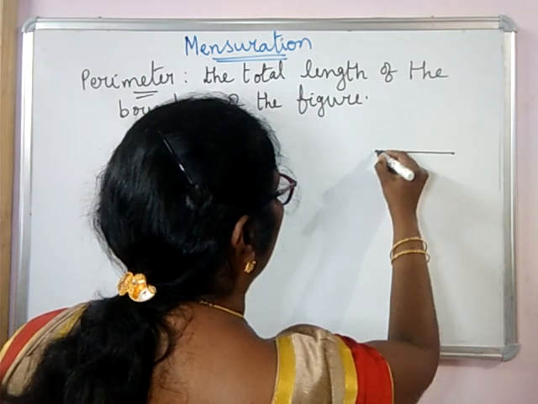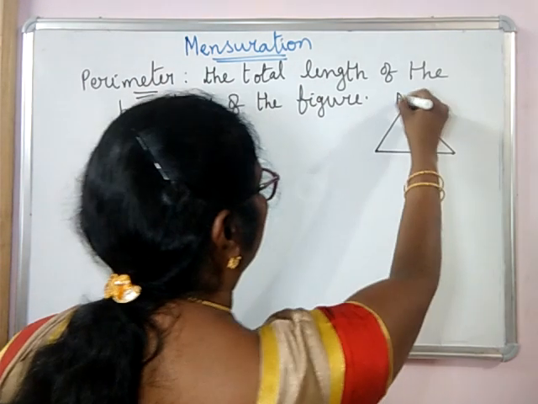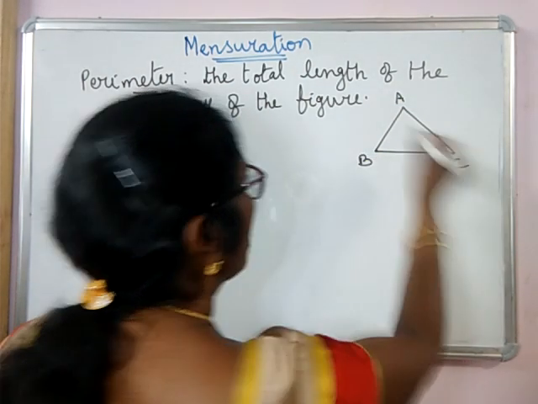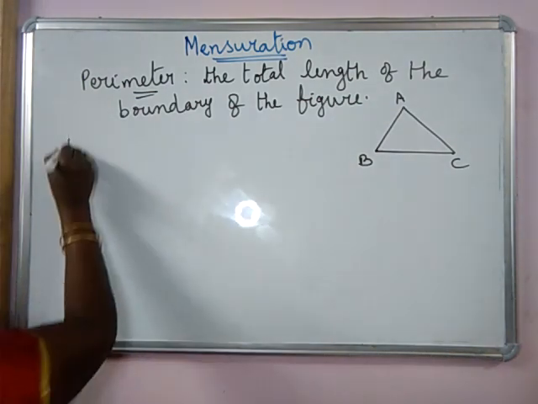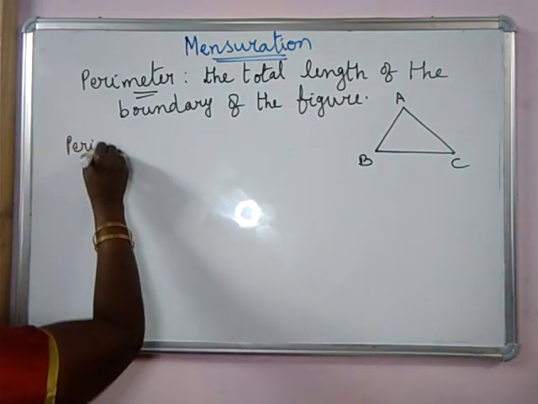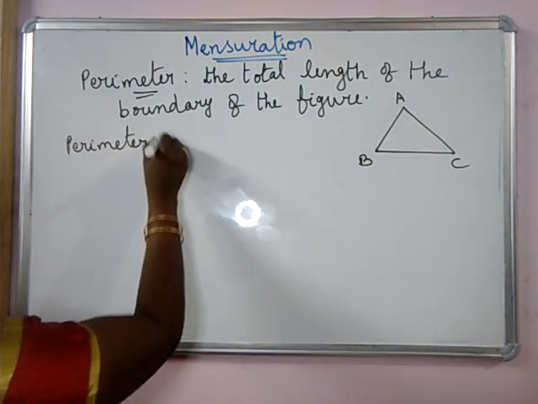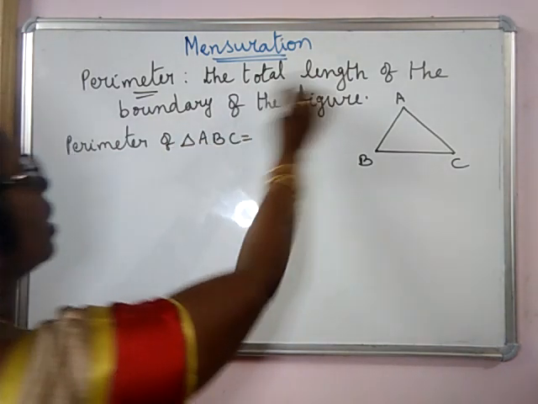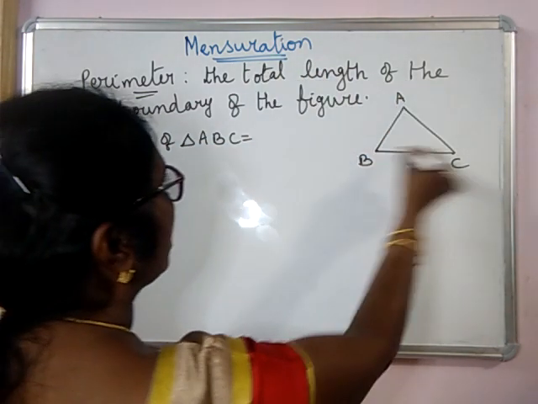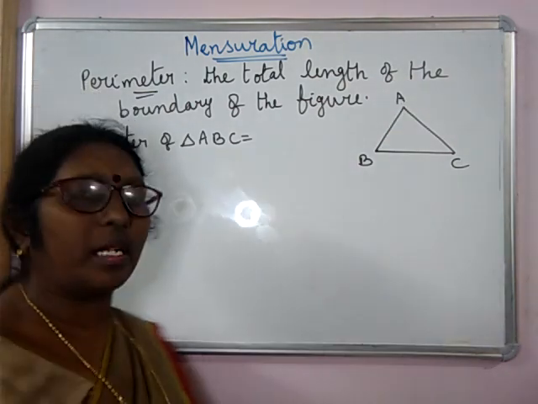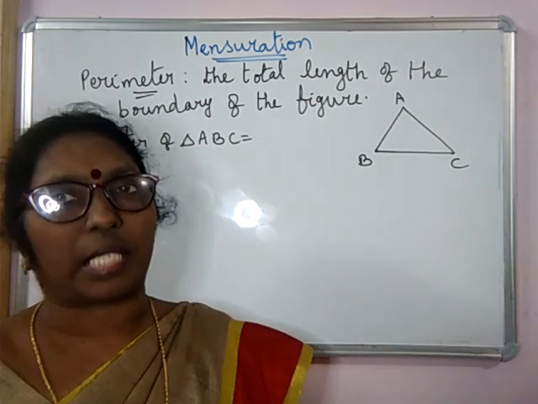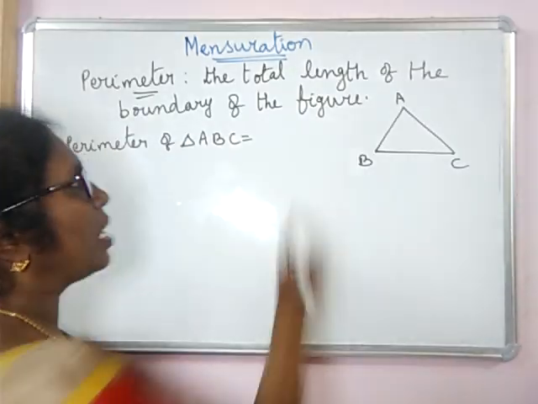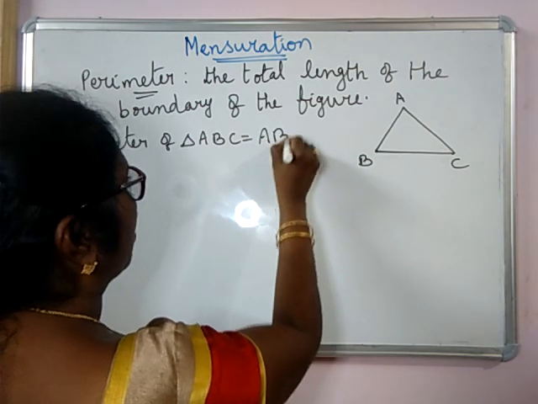Suppose this is triangle ABC. The perimeter of triangle ABC means, if you want to find the perimeter of triangle ABC, the definition is the total length of the boundary of the figure. That means the sum of the sides of the triangle gives you the perimeter of the figure.